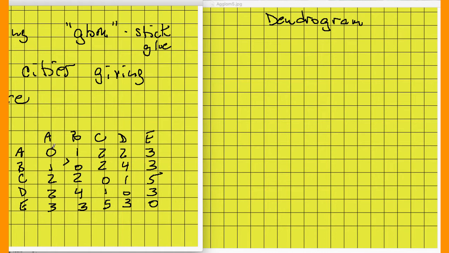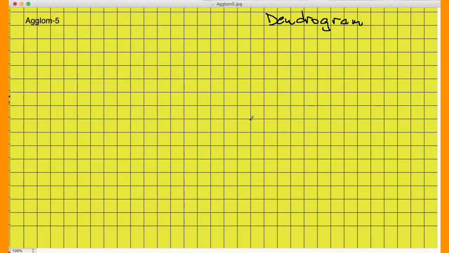If I start over here and call this 0, then 1, 2, 3, 4, 5.